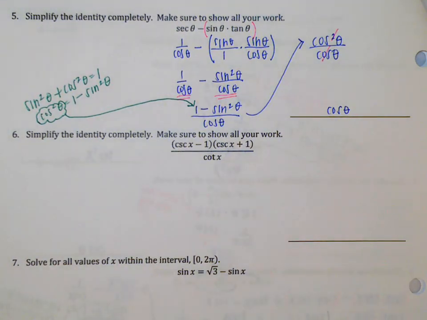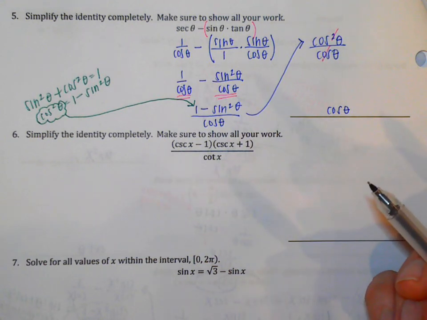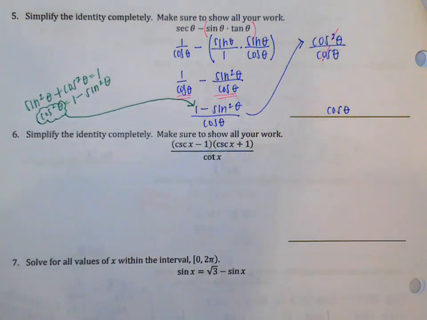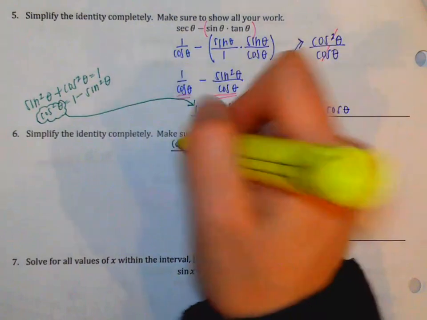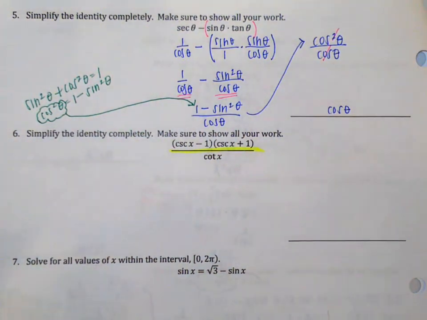Let's get to 6. Okay, so in 6, I would, if you want, rewrite it as a separate fraction, but yeah, I'll do that to start. But I'm also just going to multiply out the top as my first step as well.